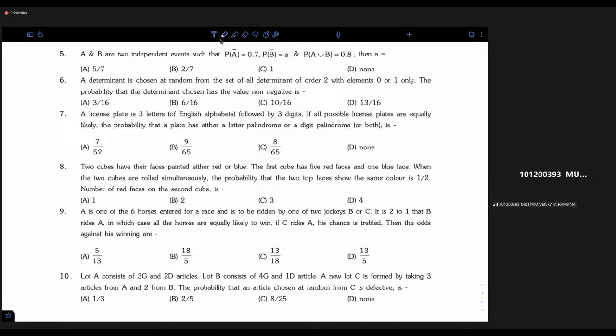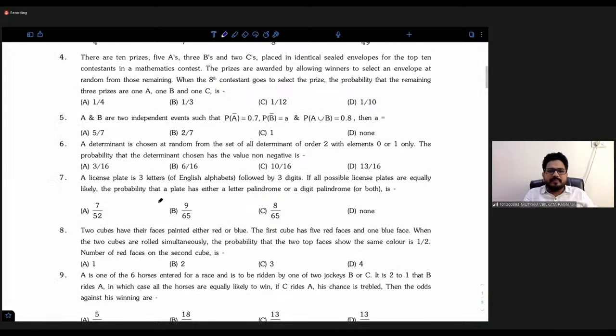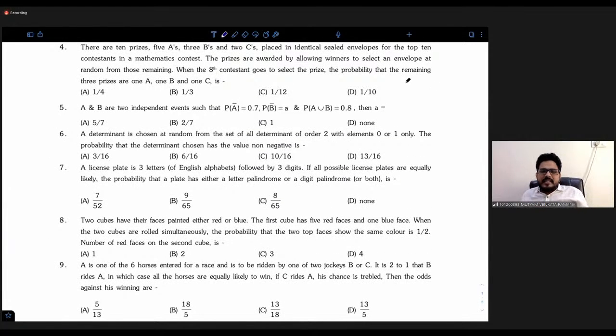Just I got one idea. Let us look at the previous question. See, 7 people have gone with 7 prizes. Now 3 people are there. What are the possible cases out of 5? Case 1 is 3 A's left out.